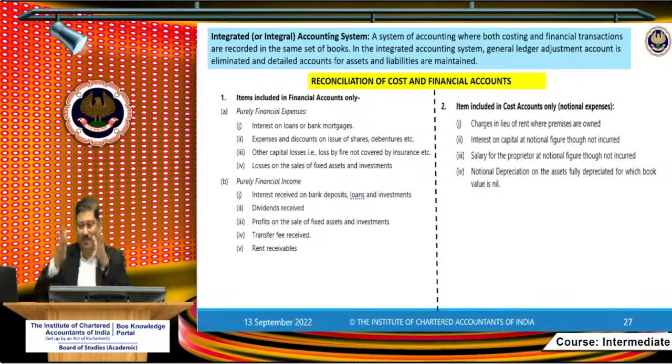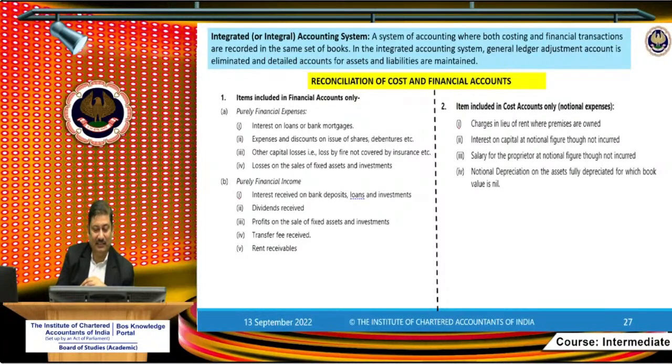You can make a chart of your own, like purely finance expenses, interest on bank loan or bank mortgage, expenses and discount on issue of shares, debentures, other capital losses, losses on sale of fixed assets and investments, interest received on bank deposits, loans and investments, dividend received, profits on the sale of fixed assets and investments, transfer fee received, rent receivable.